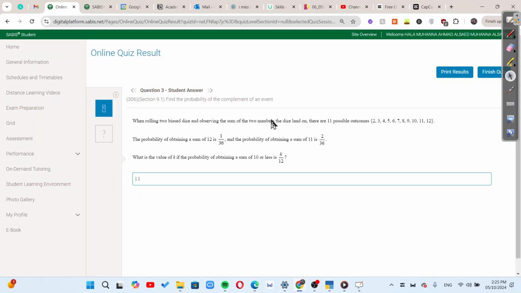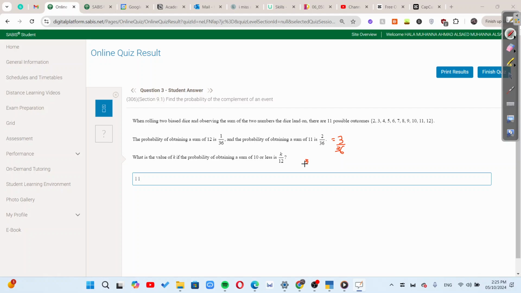Now, question 3. It's telling you that you have 2 biased dice where you have 11 different outcomes you could get. The probability of obtaining 12 is this and 11 is this. So what's the probability of obtaining 10 or less? Practically, it's everything other than these 2 fractions. So you add these 2 together, which gives you 3 over 36. So the chance of not getting 10 or less is 3 out of 36.